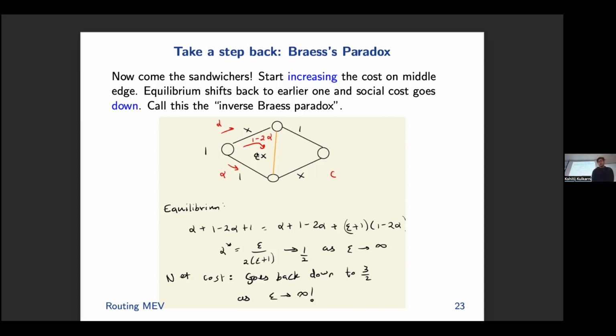Yeah. So it's interesting. I don't know if this phenomenon has been observed anywhere in data, but one reason to care about this example is to ask the question: do sandwichers in fact always make the network worse for everyone?